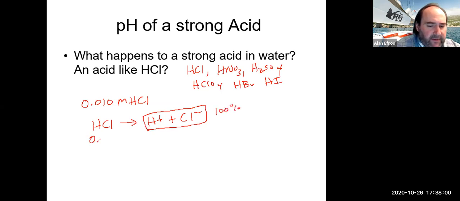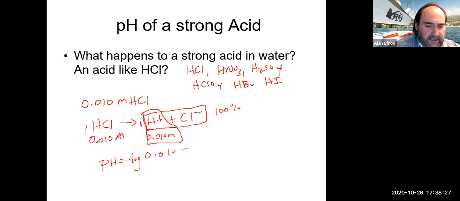Since the concentration of the entire thing is 0.01 molar, and it is a 1-to-1 relationship between the H+ and the HCl, the H+ concentration would be 0.01 molar. That's really what we need to know to calculate the pH. So at that point, we can go right into the pH equation and punch it in, and that would get us a pH of 2 in this particular case.